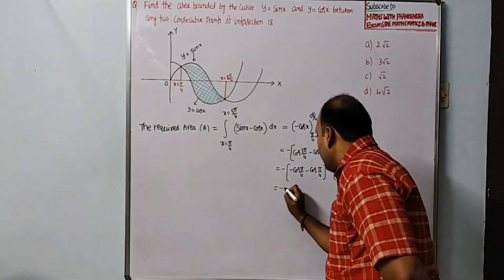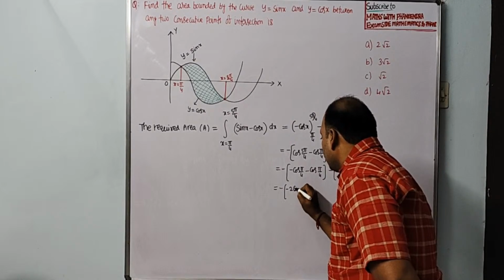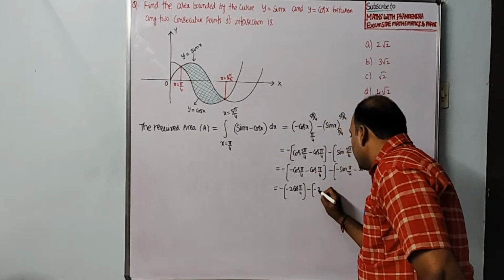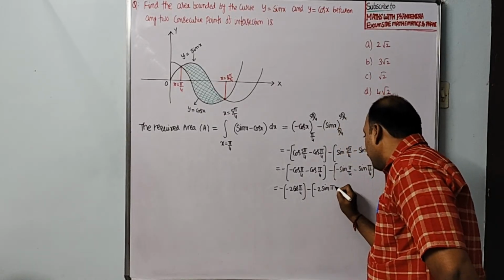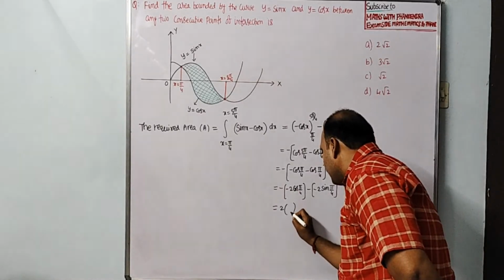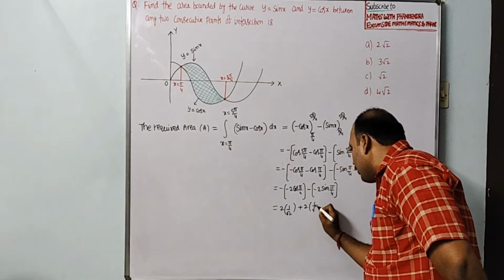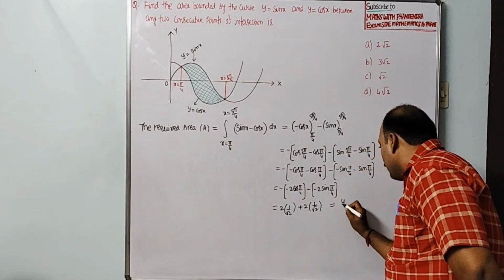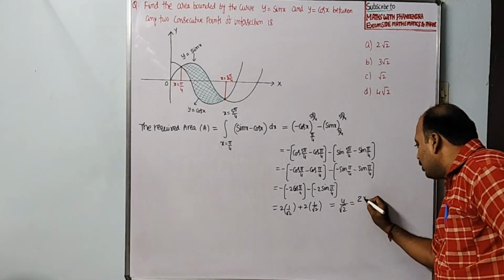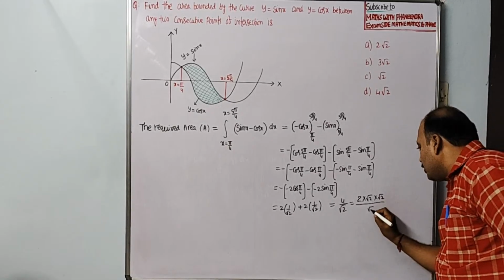So which is equal to minus 2 times cos pi by 4 minus 2 times sin pi by 4. So minus into minus is plus 2 times cos pi by 4, 1 by root 2, plus 2 times sin pi by 4, 1 by root 2, which is equal to 4 by root 2. 4 can be written as 2 into root 2 into root 2 divided by root 2.